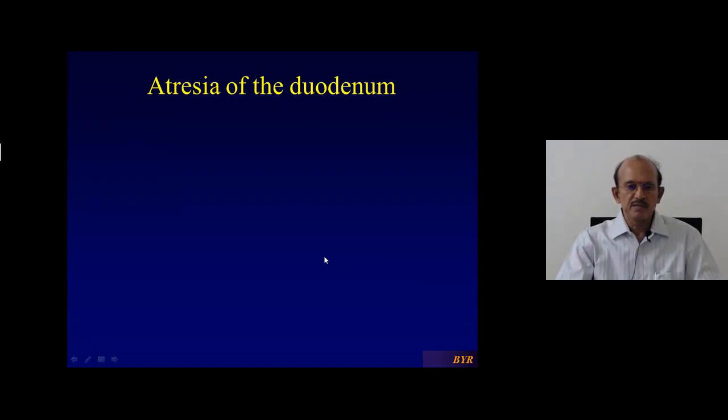What is the site where you find duodenal atresia?